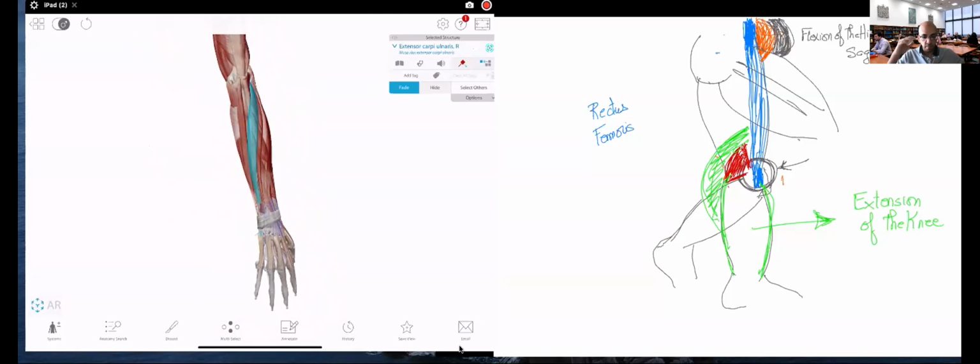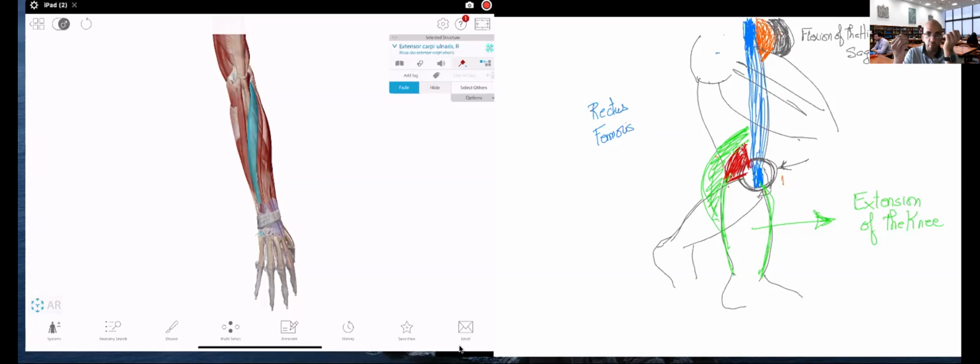It's going to be on the posterior aspect. So being on the posterior aspect, when I pull on the wrist joint, would I be performing a flexion or an extension? When I pull on the posterior aspect of the wrist, it's going to be performing extension.